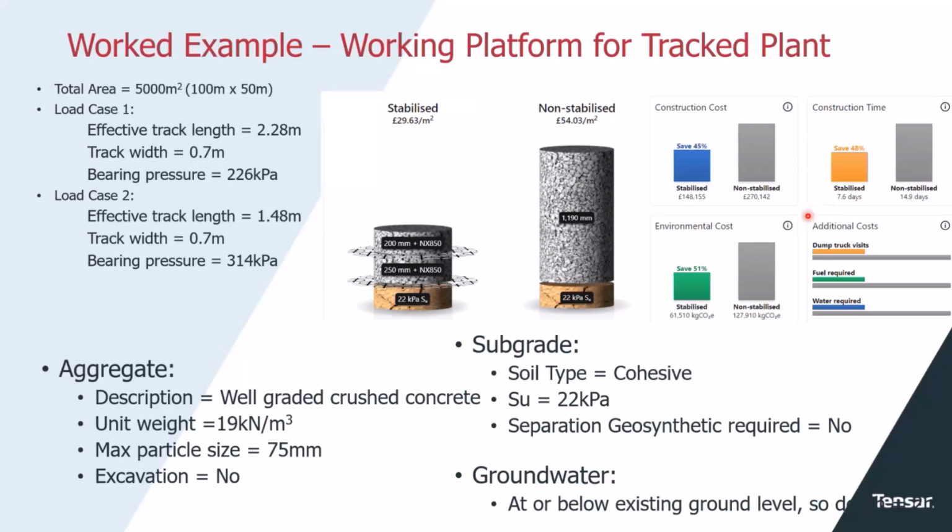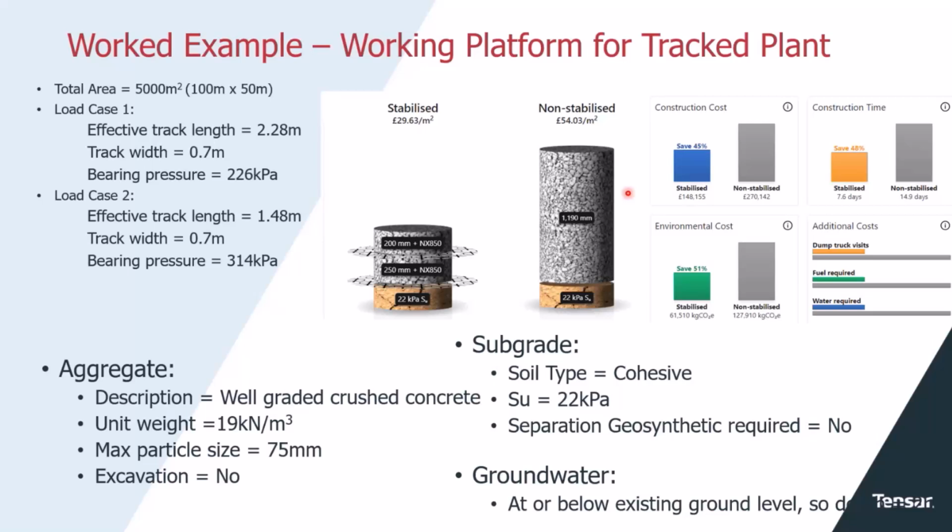Imagine that if a contractor is able to build twice as many projects with the same amount of people and machinery, he will be able to do more projects in a year. And of course, not the least important, maybe the most important aspect, we are able to save in environmental impact of this working platform by saving the carbon footprint.